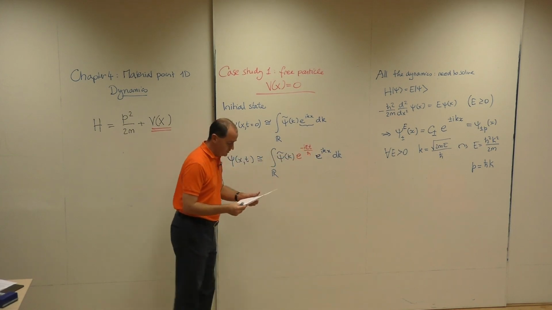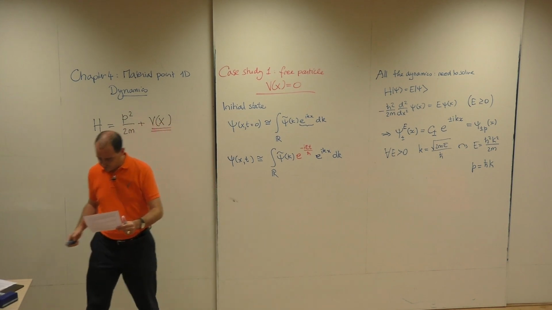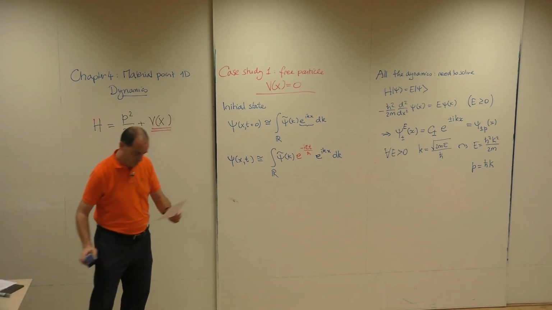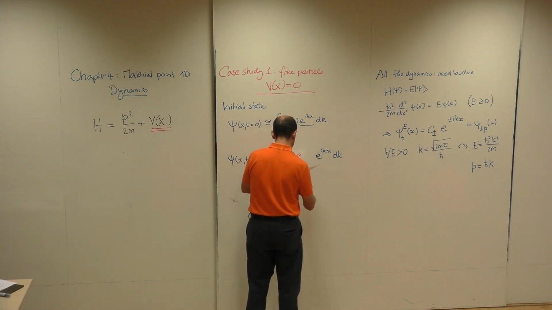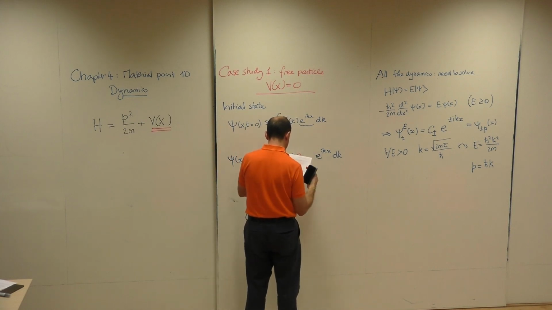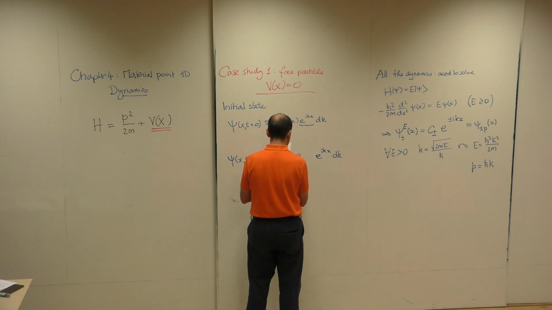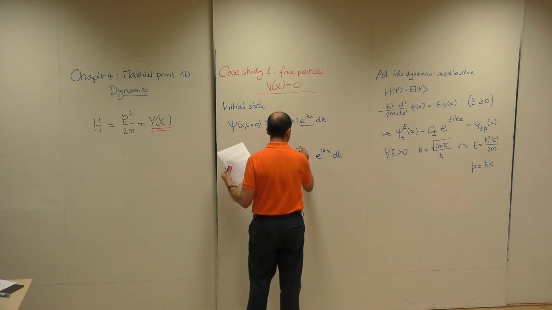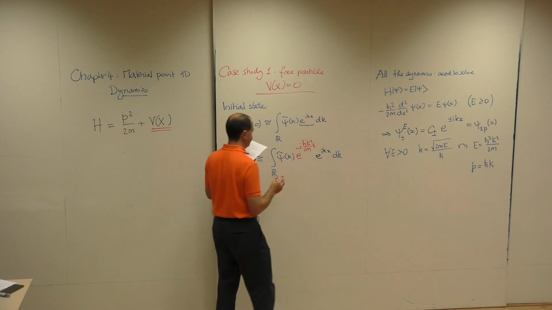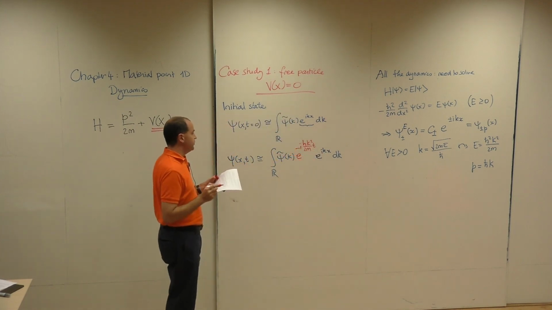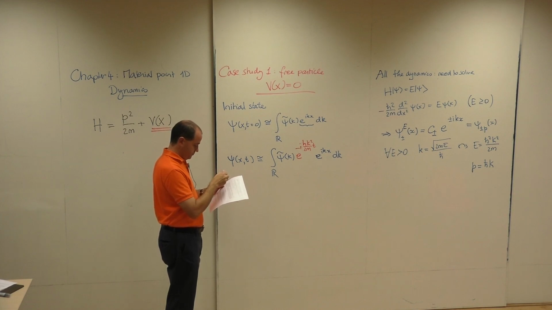So I will just erase it peacefully and write it whatever it is, which is minus i h bar k squared over 2m times t. I will just replace the energy there.